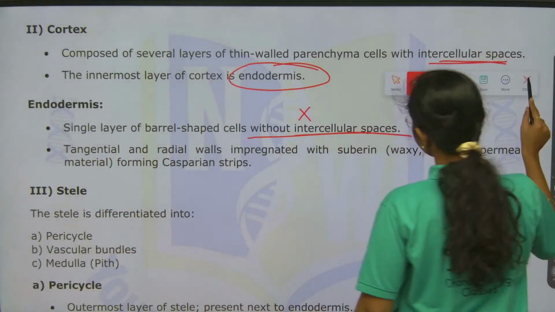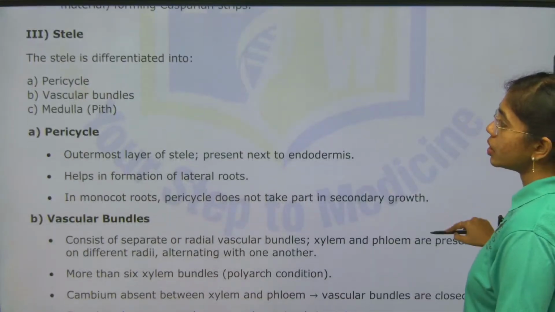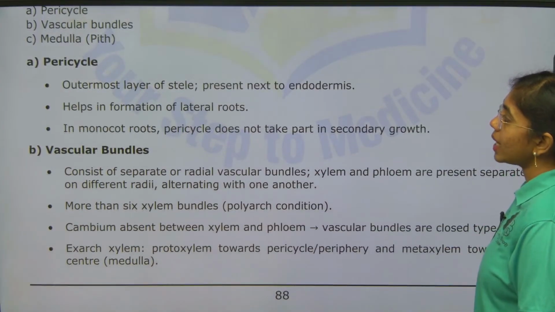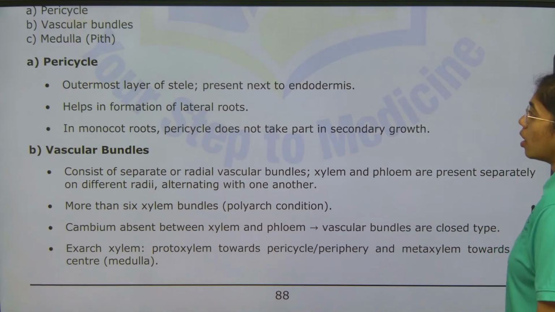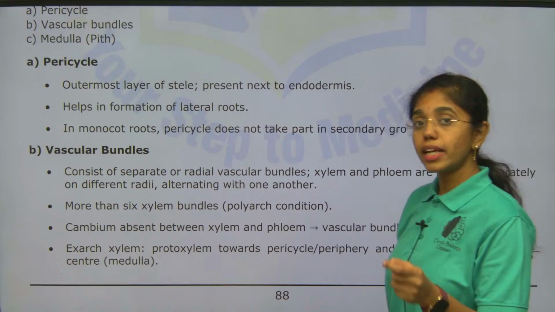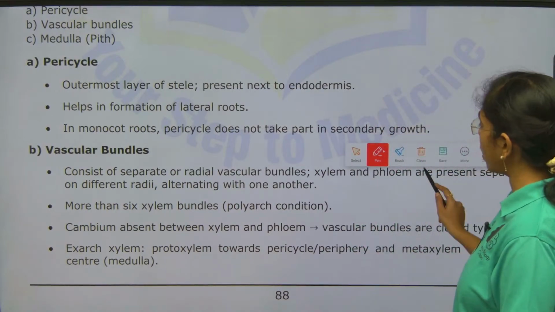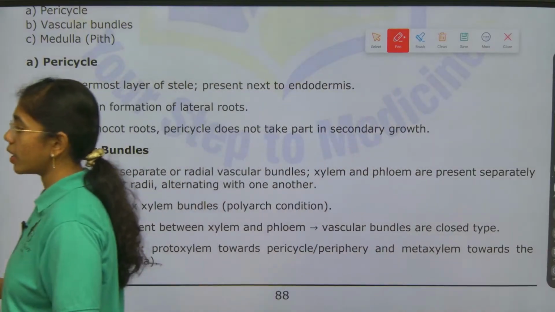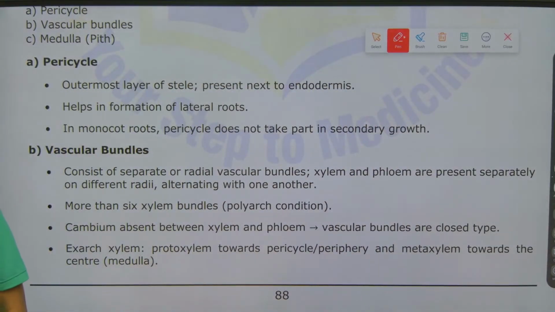Next you see stele region is differentiated into pericycle, vascular bundles and pith. Pericycle is the outermost layer, okay, next to the endodermis. So the innermost cortical layer here is what, endodermis, and outermost layer of the stele is what? Outermost layer of the stele is pericycle, okay.